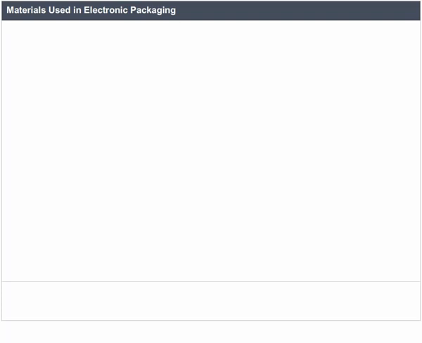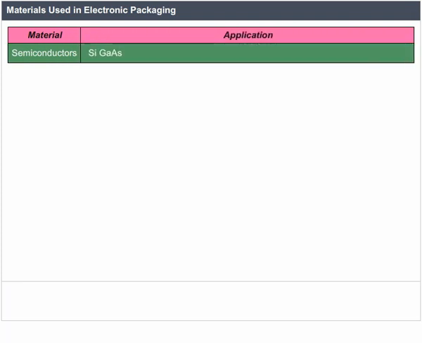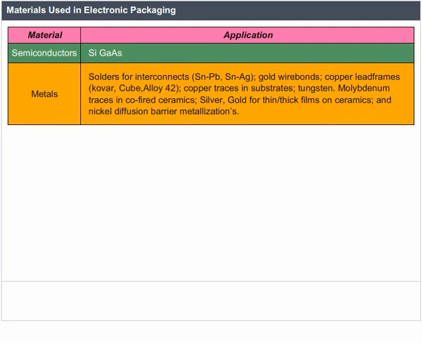Materials used in electronic packaging. Materials: semiconductors. Applications: CGAs. Material: metals. Application: solders for interconnectors, gold wire bonds, copper lead frames, copper traces in substrates, tungsten and molybdenum traces in cofired ceramics, silver and gold for thin and thick films on ceramics, and nickel diffusion barrier metallizations.